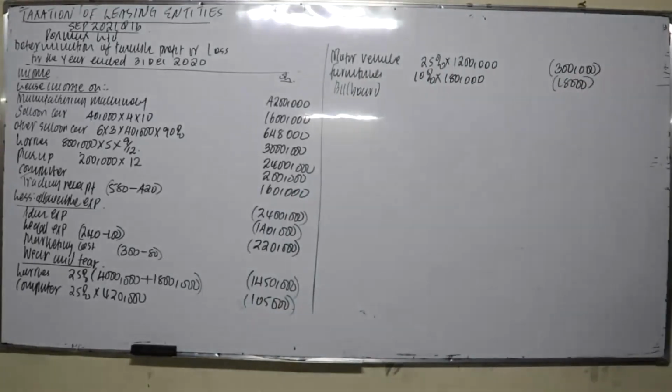There was also a billboard. A billboard is at the rate of higher. Partition is at the rate of 10. Therefore, billboard, yeah, 10%.